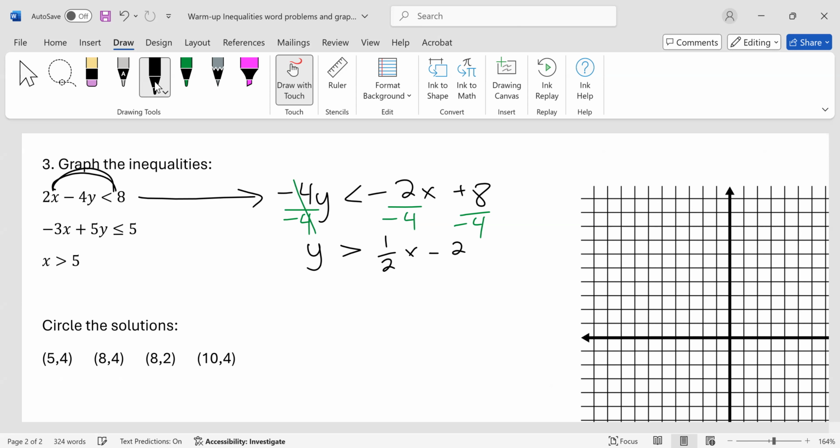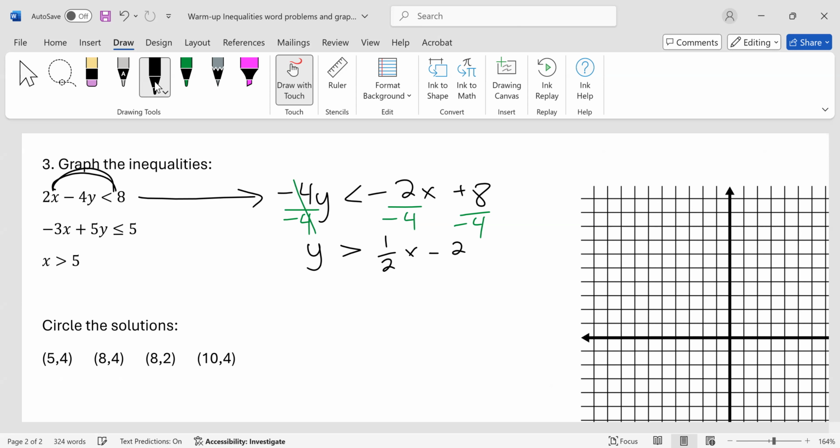You start at negative 2, that's your y-intercept, and you go up 1 over 2, up 1 over 2. You can also go this direction. Draw the entire line.